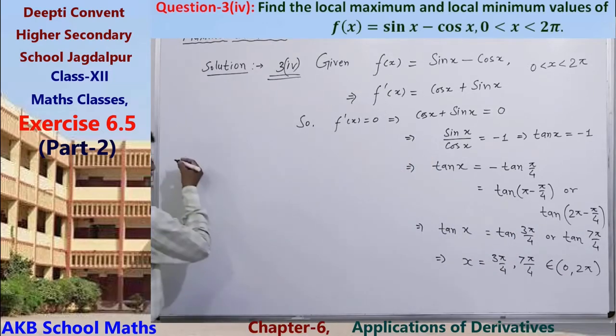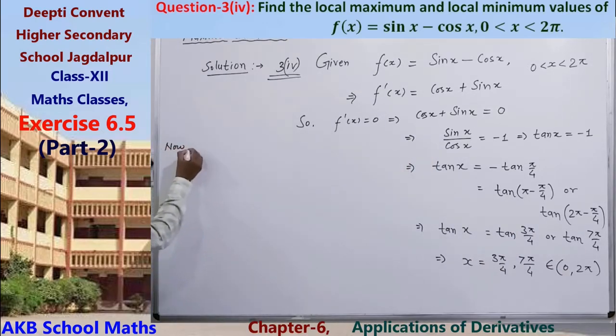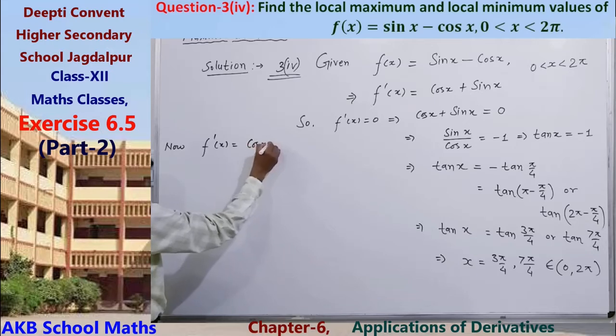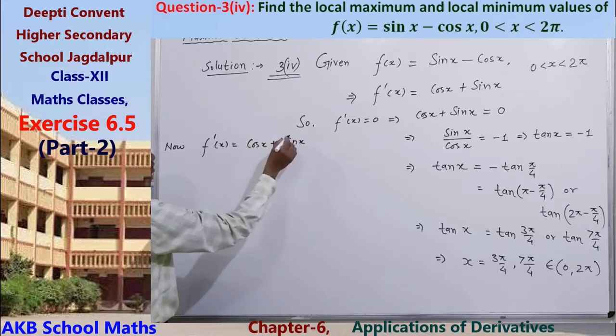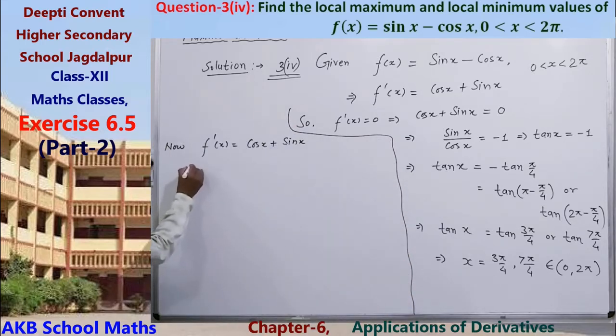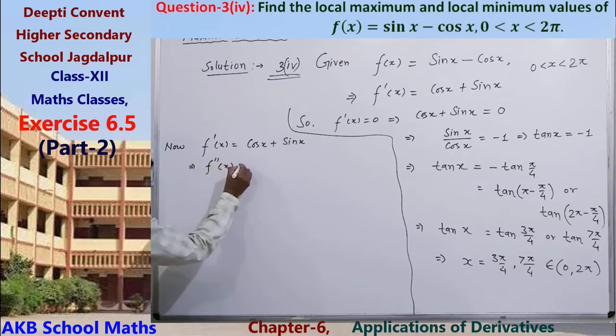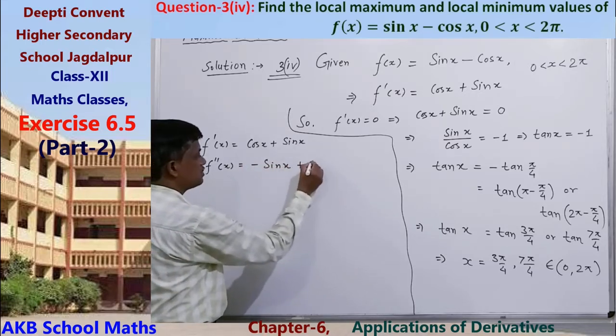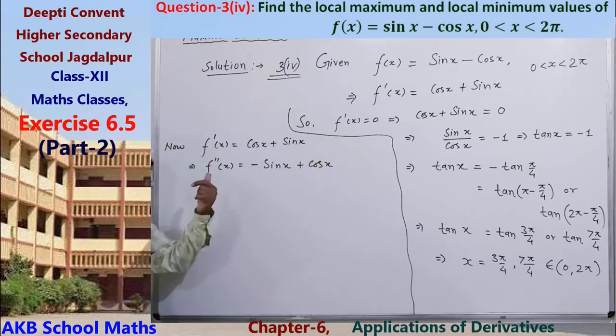Now f dash x equals to cos x plus sin x. Find the double derivative, again differentiate. Cos x means minus sin x and sin x means cos x. This is the second derivative.